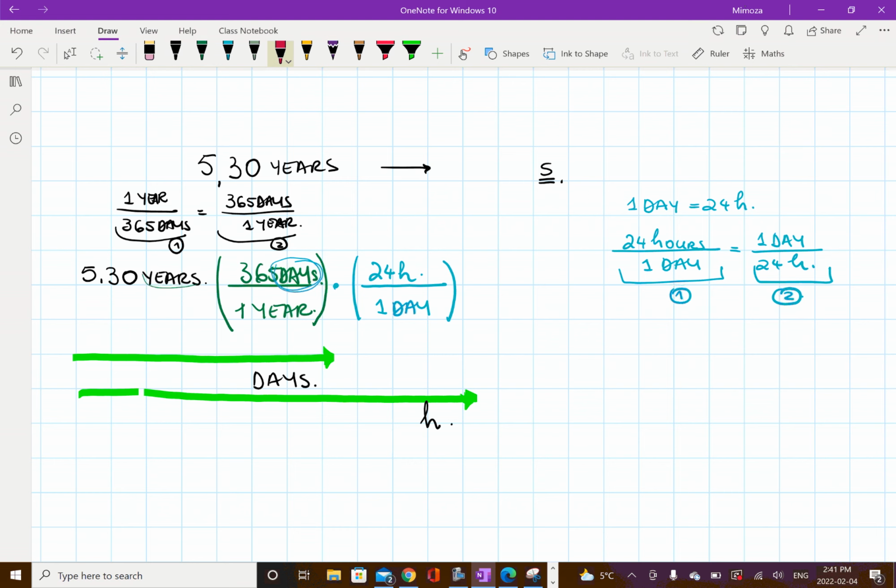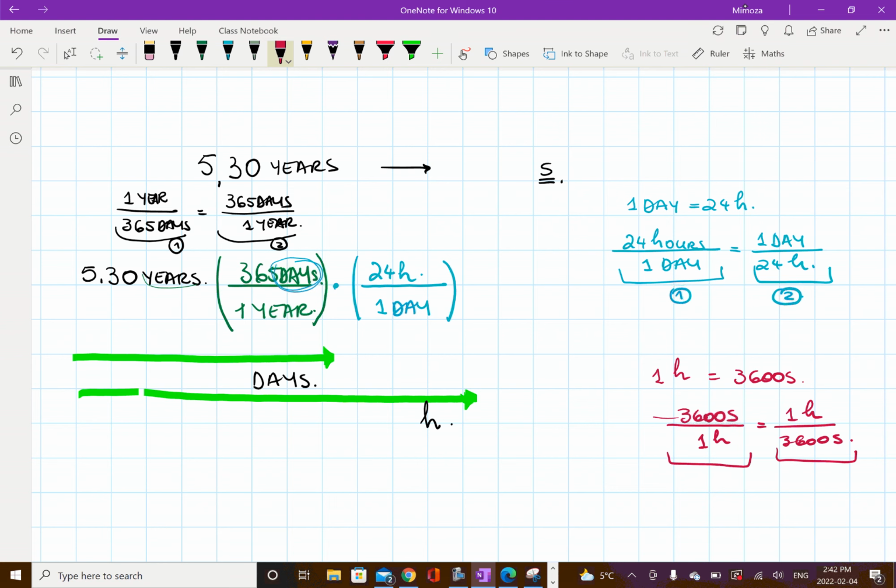The last step is moving from hours to seconds. So you can go hours, minutes, seconds, or straight from hours to seconds. So in 1 hour, and this is what I will do, we have 3,600 seconds, which expressed as a ratio will be 3,600 seconds over 1 hour, or 1 hour over 3,600 seconds.